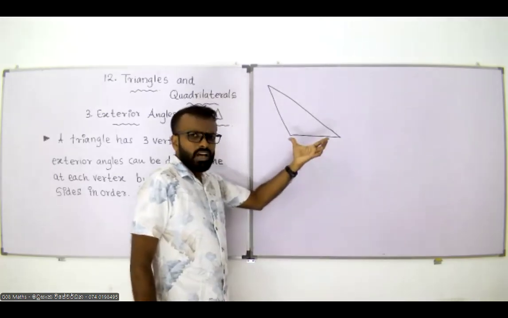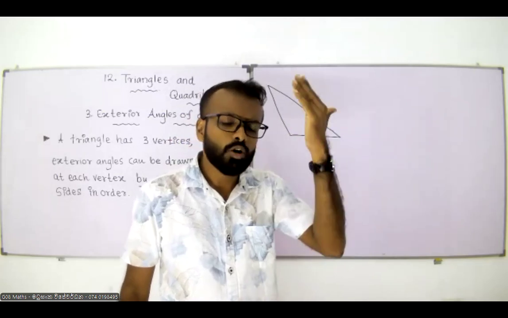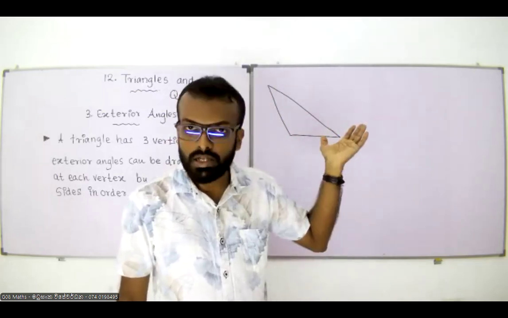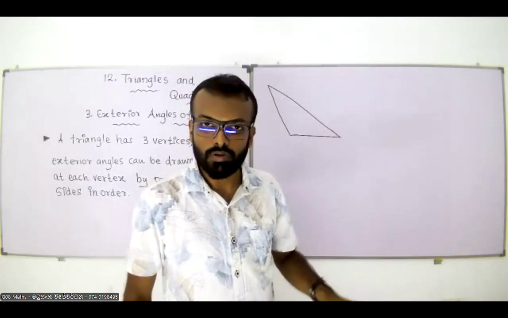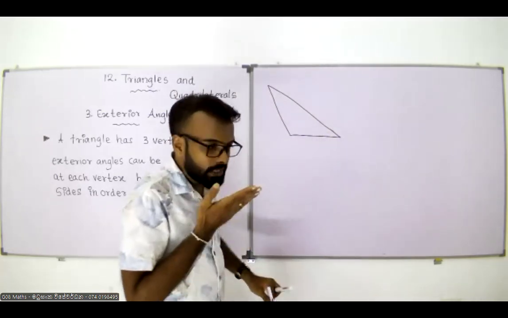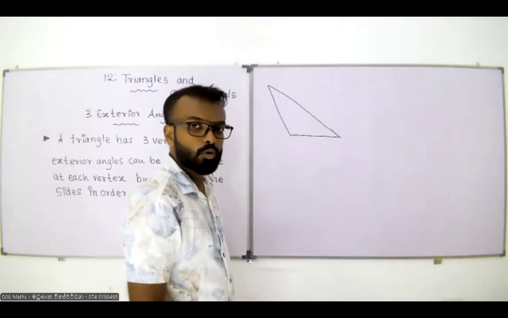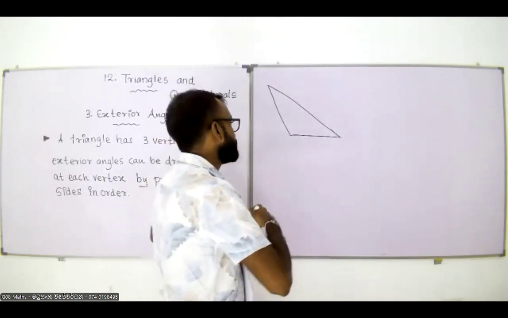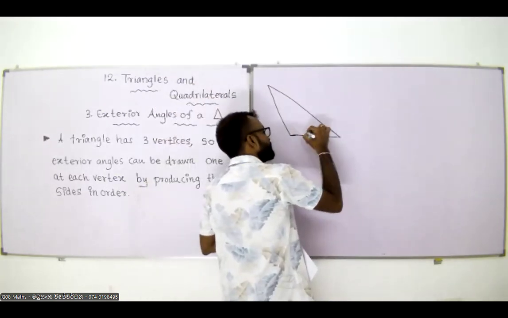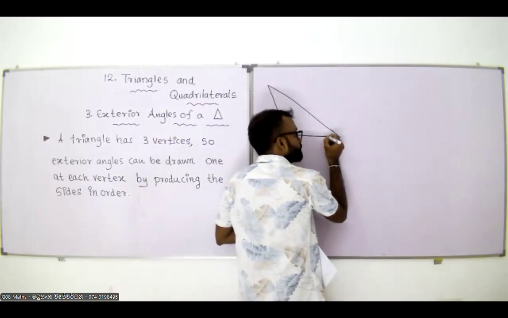There are three sides for a triangle. You are going to choose any of the sides. So I will choose this side and I am going to extend it like this.